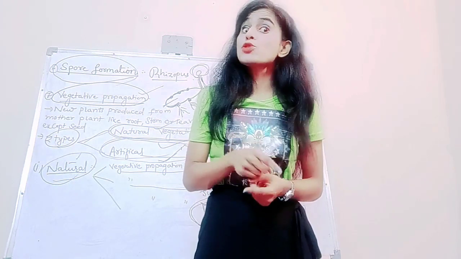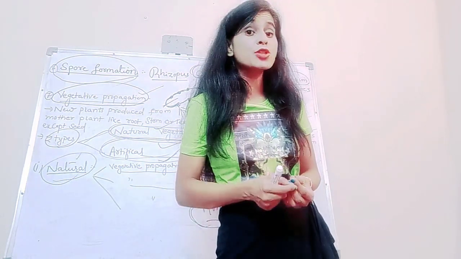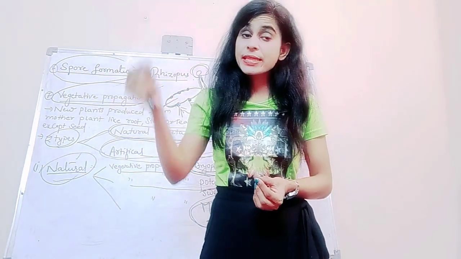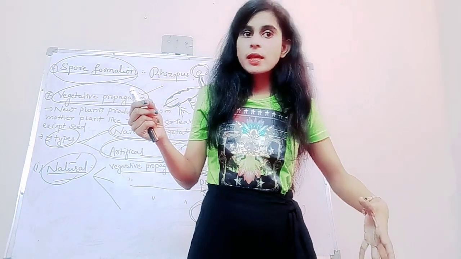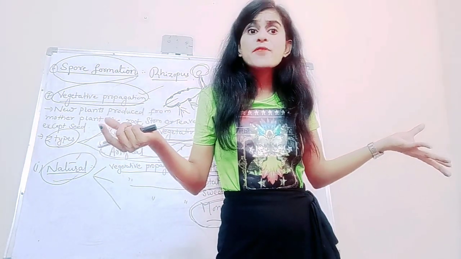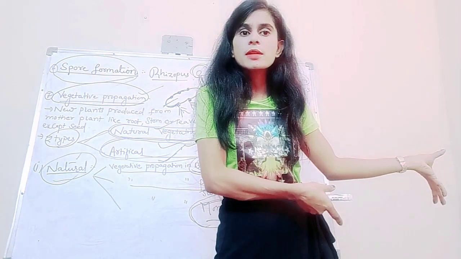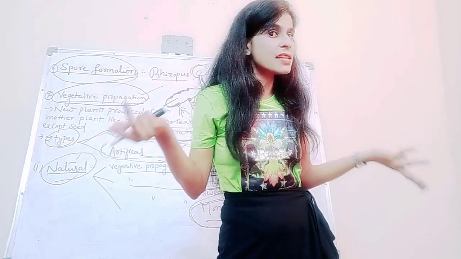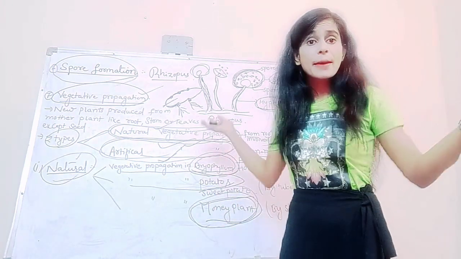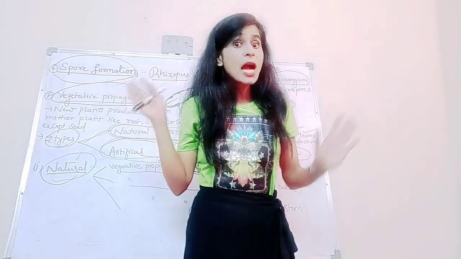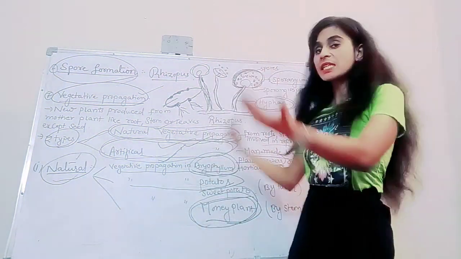You need to cut the stem with a leaf attached, and when you put the end of the stem in water, after a few days roots will develop from the part of the stem immersed in water, and finally a new money plant is developed. So this is how money plants develop from the stem. Am I clear, guys?